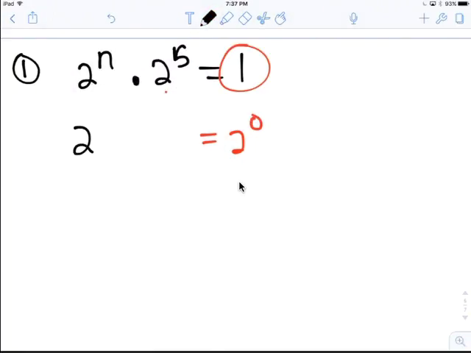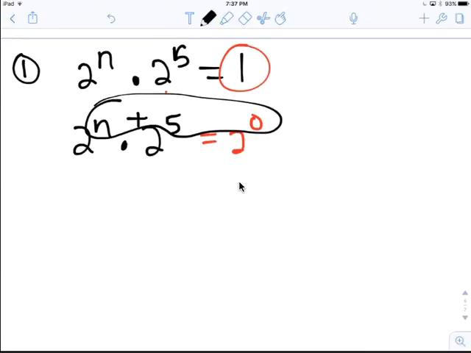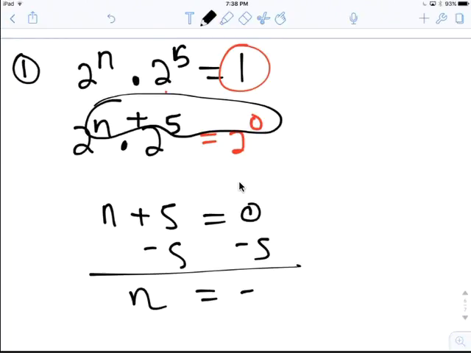And then 2^n times 2^5, we know we need to add the exponents, and it has to equal 0. So if you have a hard time with that, -5 plus 5 is 0. You do n plus 5 equals 0, then you minus 5, and you get n is -5, because -5 plus 5 is 0. Okay?